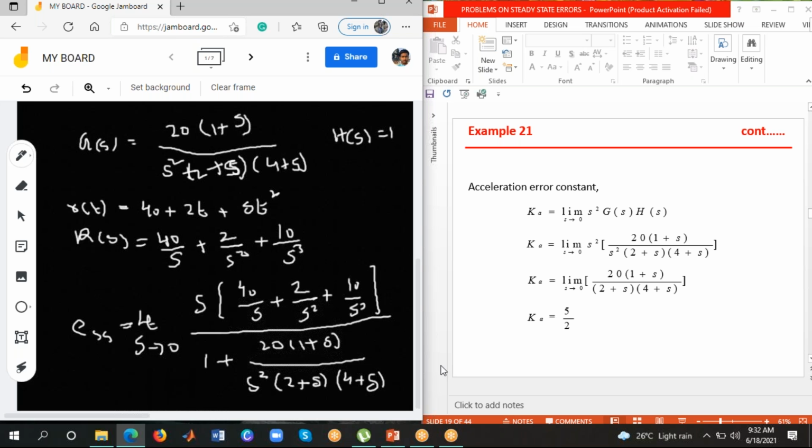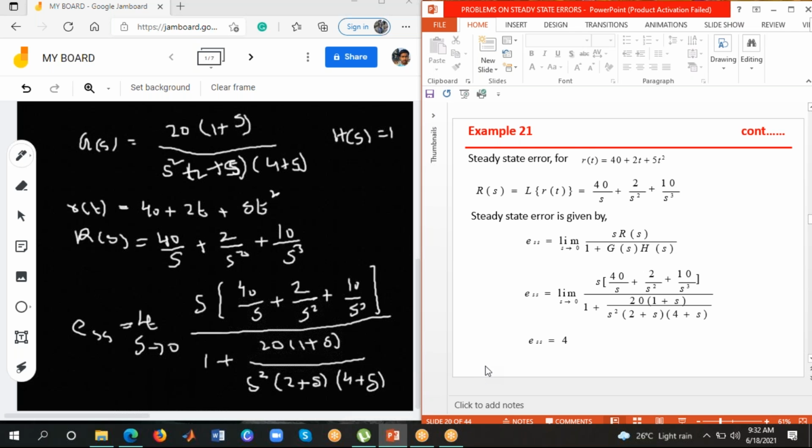Let us see what comes in the denominator. So finally you get the answer 4. Have you all got this answer? So your answer is 4. Let me see how we get 4.